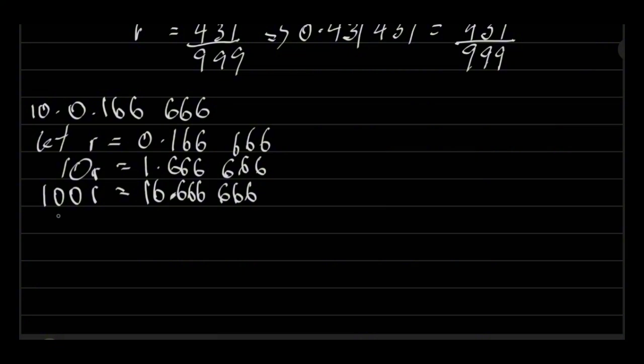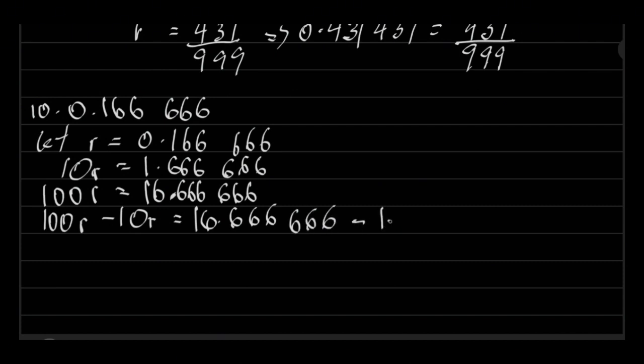So this is going to give us 100r minus 10r, and that will give us 16.666666 minus 1.666666. So we are going to have 90r equals 15, because 0.666 is cancelling.